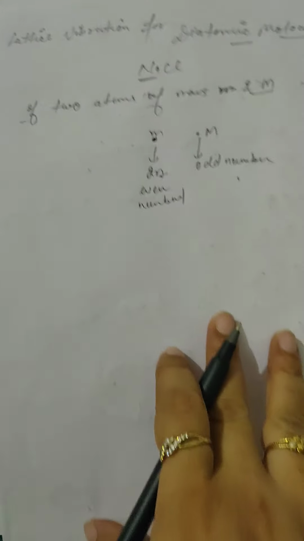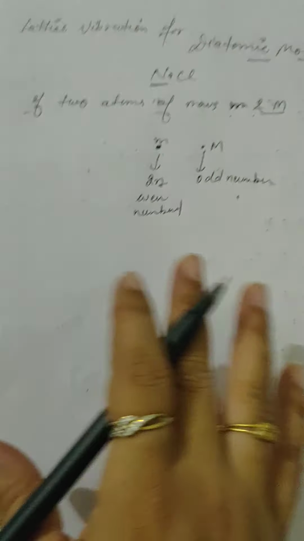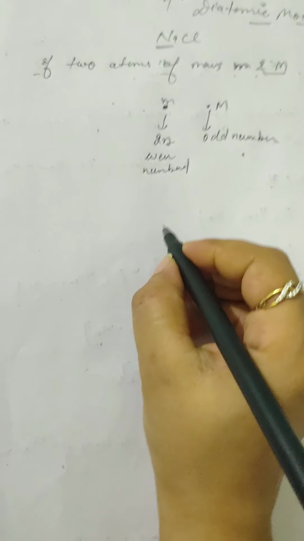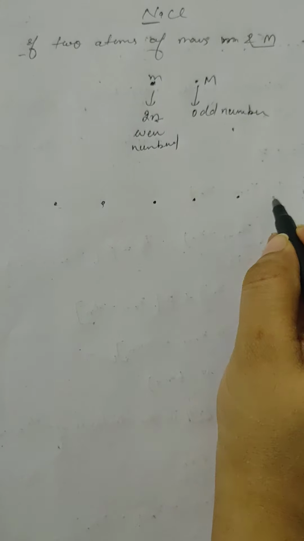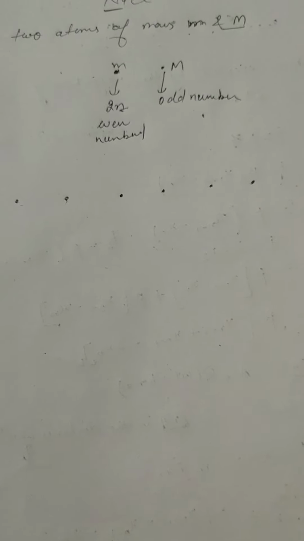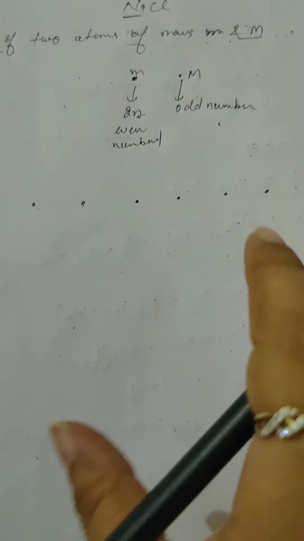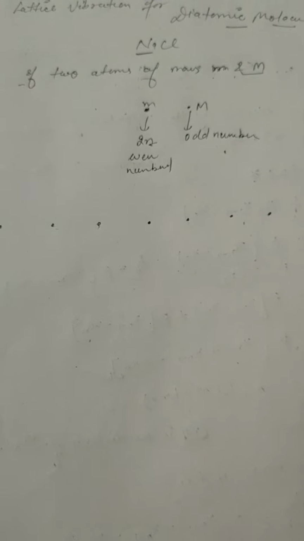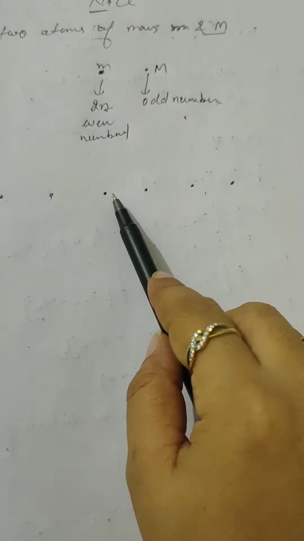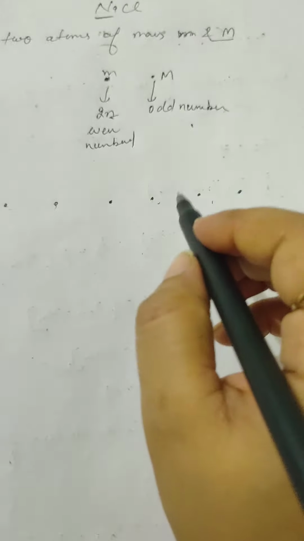So the location of all the atoms in the lattice will be like this. They are attached with a spring of spring constant k, and the force exerted by the neighboring atom will be countable if the distance between the reference atom and the exerting atom is small.